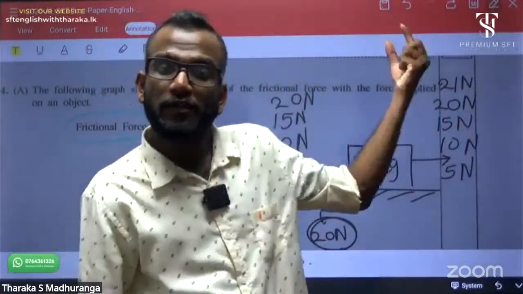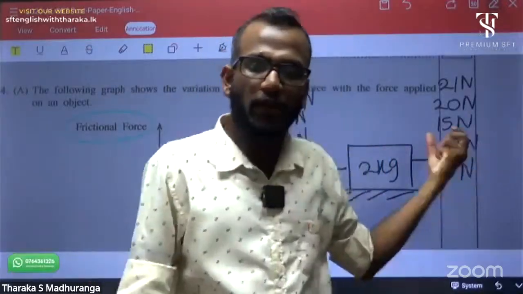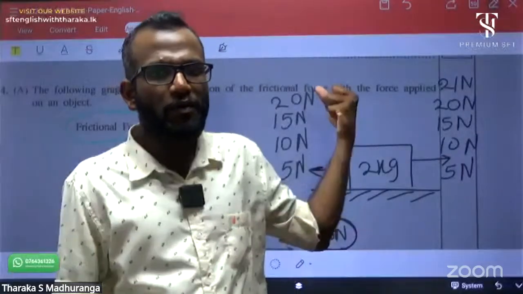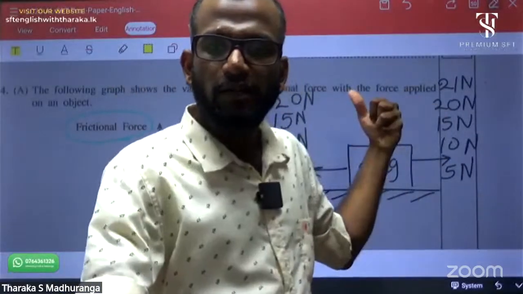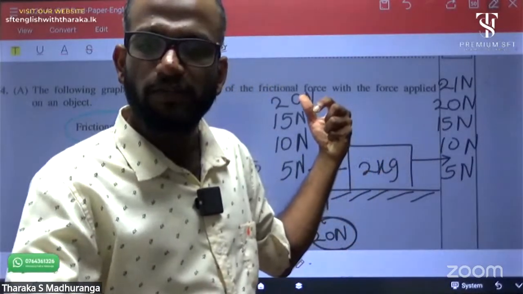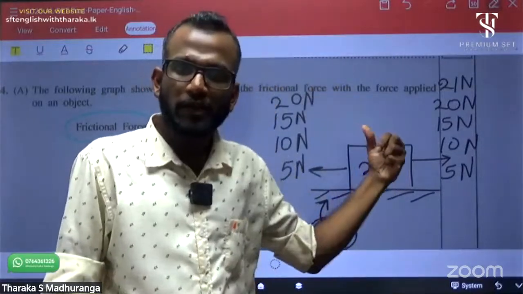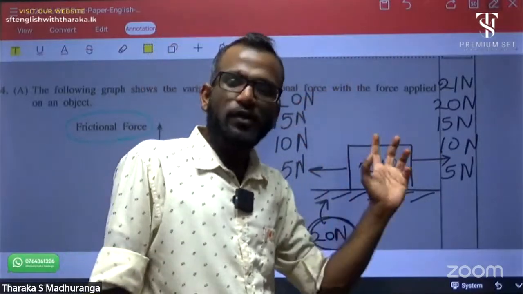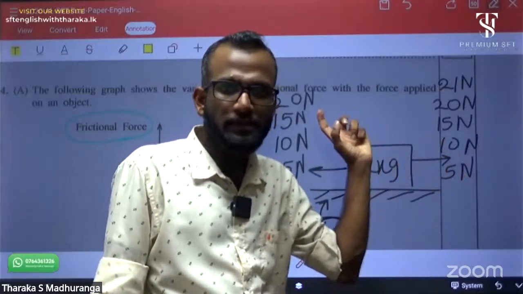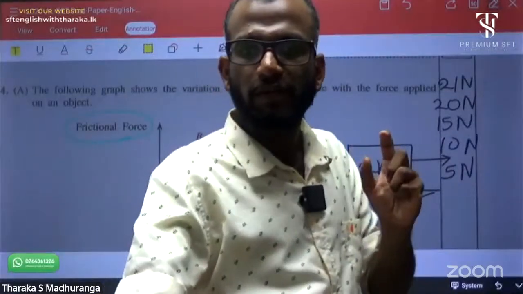I'm going to apply 21 Newton external force on this object. What do you think the friction force is? Is it 20, or greater than 20, or less than 20?